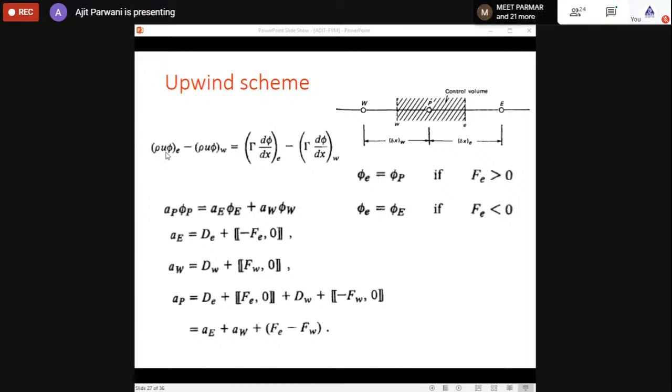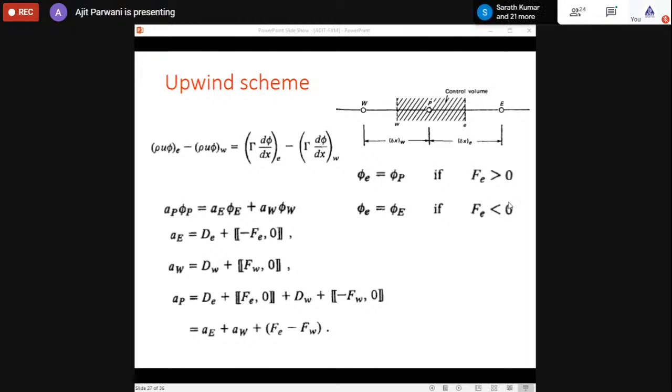It means that in order to find the value of phi w, that is the temperature at this point, if the velocity is in the positive direction, I will use only the upwind variable, that is, I will choose only phi P. So I will take phi equal to phi P, the upwind value.